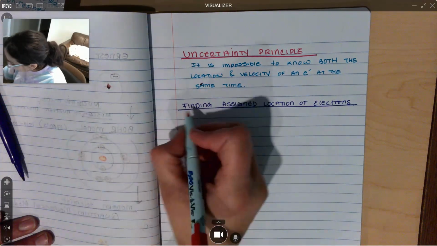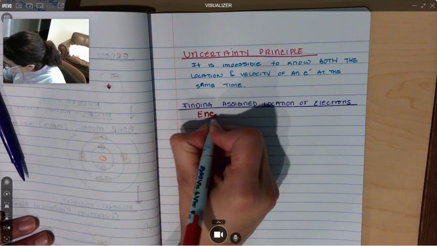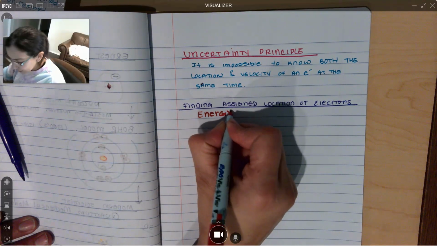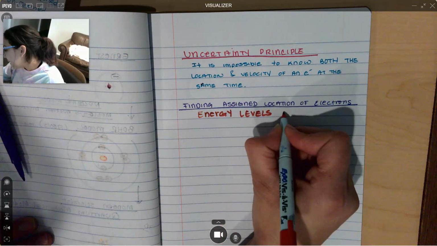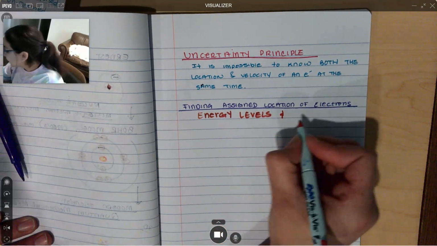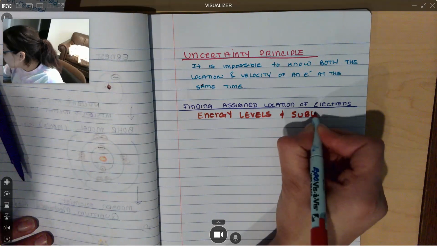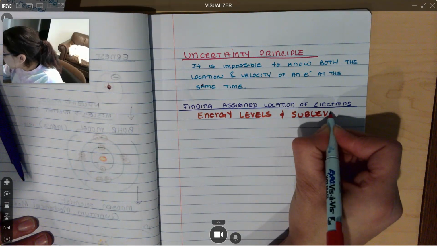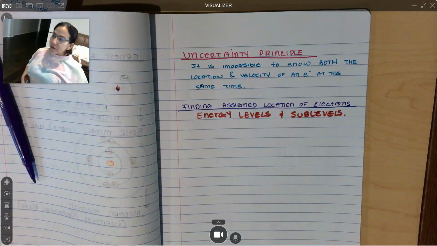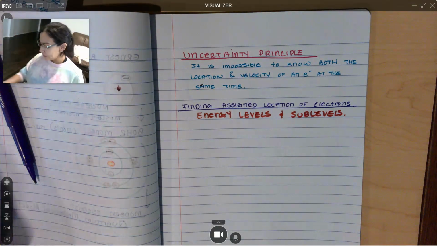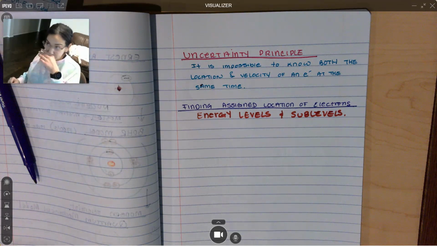Where's your house at? Where do you live? Well, electrons live in energy levels, right? And each energy level has sublevels. Okay, it's like saying I live in the Via Complex apartments, and you're like, okay, cool.